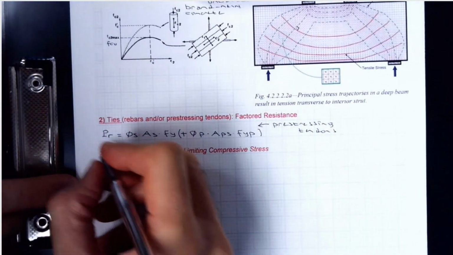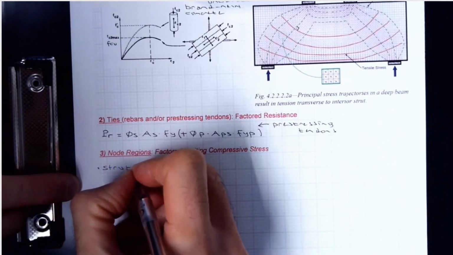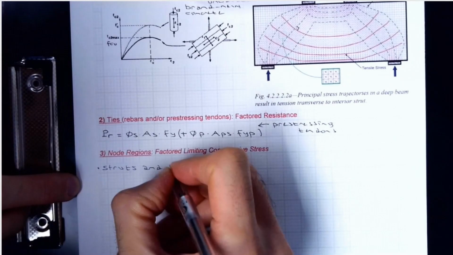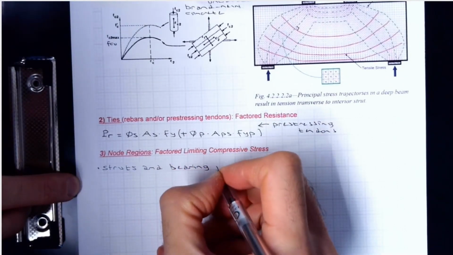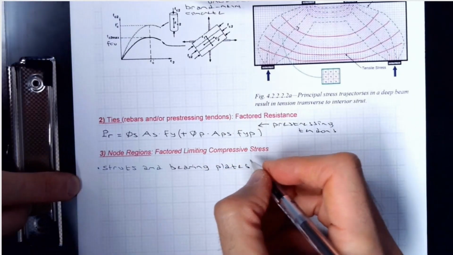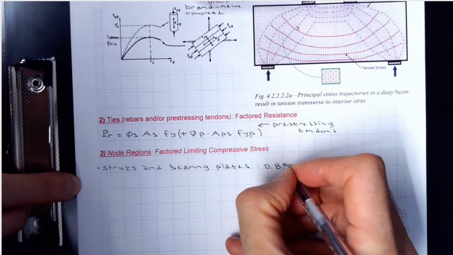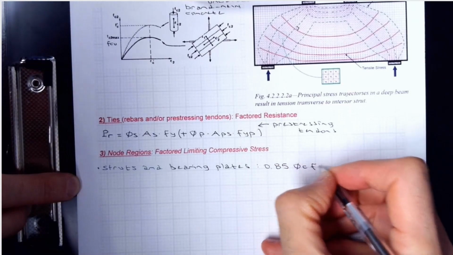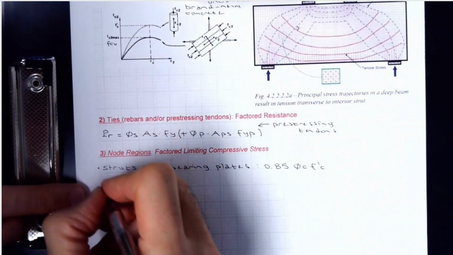The best case scenario would be struts and bearing plates. It is going to be a 0.85 multiplier, 0.85 phi c f'c. Struts and bearing plate locations.